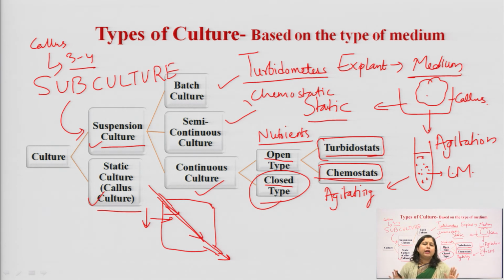Here no monitoring or regulation is done, and this is also a type of continuous culture. The closed system is an old method compared to the open system. The best method, giving us the best yield, is the open type of continuous suspension culture. The second one is the Callus culture.